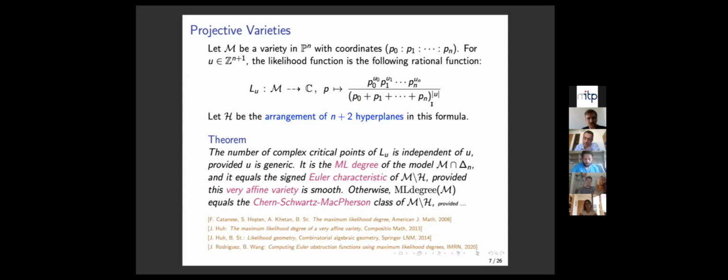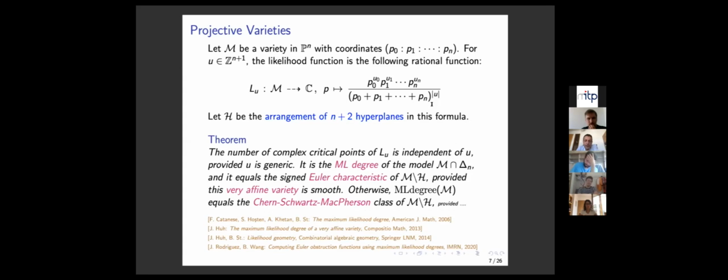So the coordinates p_i and the sum of the p_i. So let me write H for the arrangement of n plus 1 hyperplanes that you see in this formula. So this theorem sums up basic facts about the situation. The number of complex critical points of this likelihood function is independent of u, provided u is generic outside a codimension 1 hypersurface.